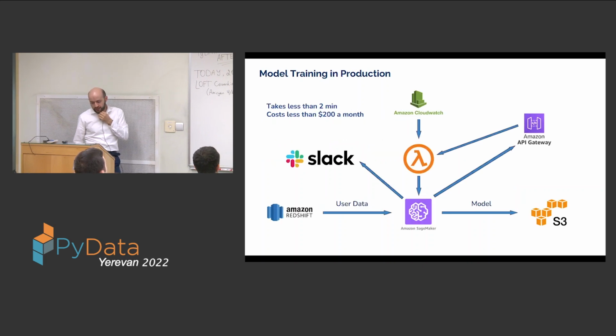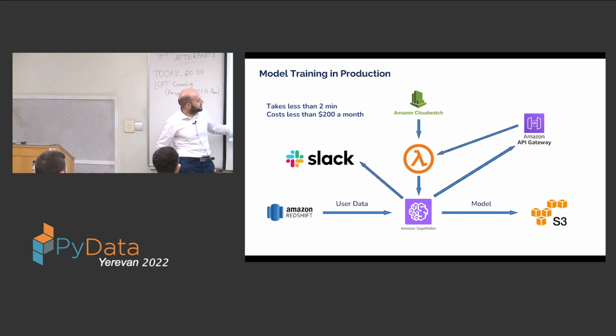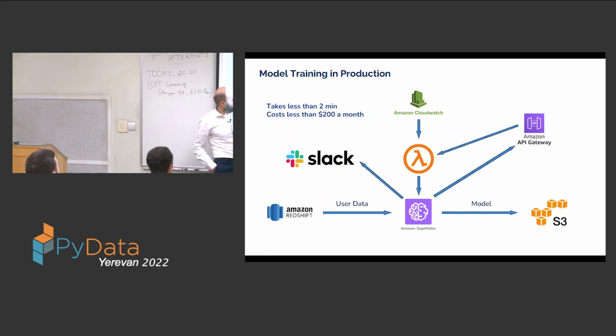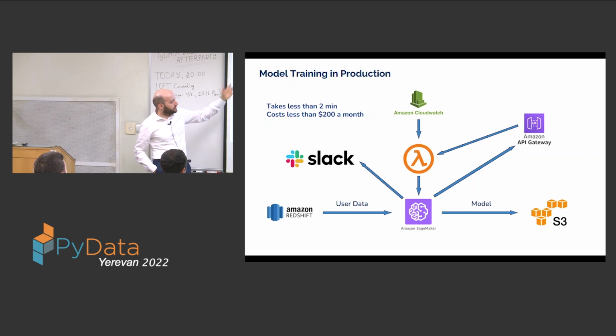So talking about the engineering part, our infrastructure is on the AWS cloud. Here you can see we have Amazon Redshift. This is our database where the historical data is. The model code is running on Amazon SageMaker. It's a Jupyter Notebook, querying this data and training it. We use Amazon CloudWatch for scheduling the model.